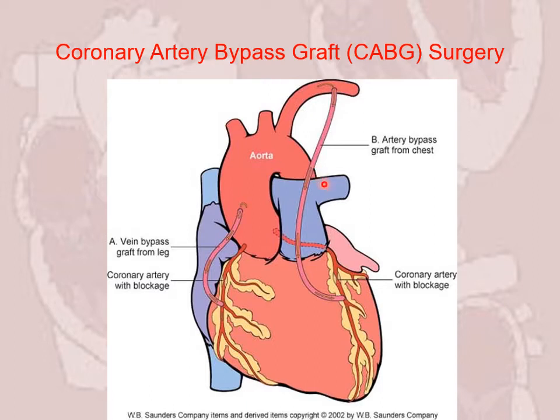And here, this is an artery bypass graft from the chest, and here's your blockage here. And so this coronary artery here has the blockage, and by taking it from here down beyond the blockage serves the purpose of bypassing that blockage. So that's generally what they do.